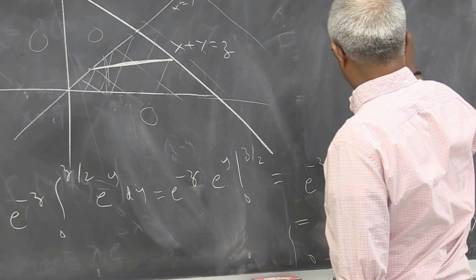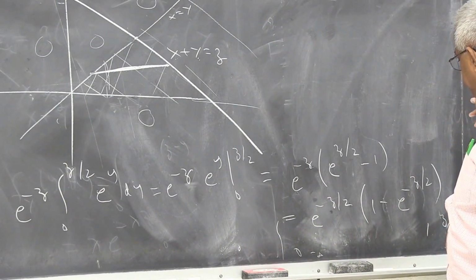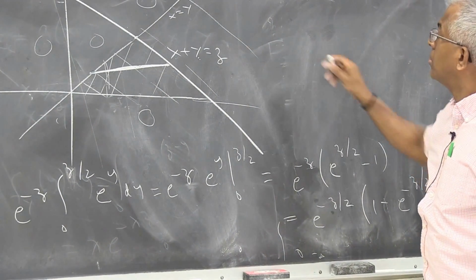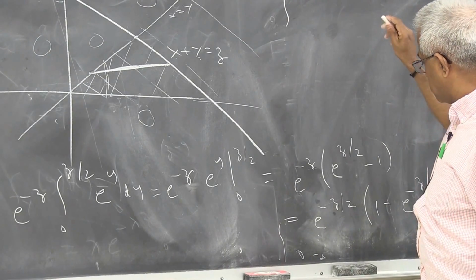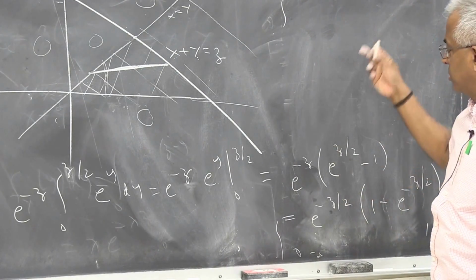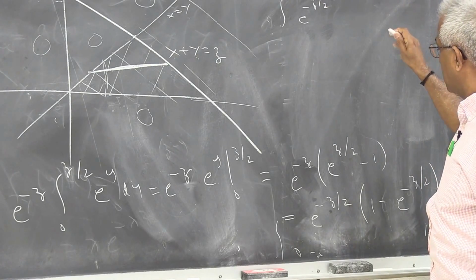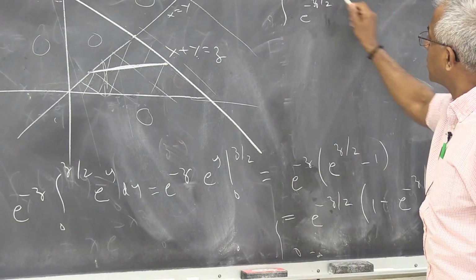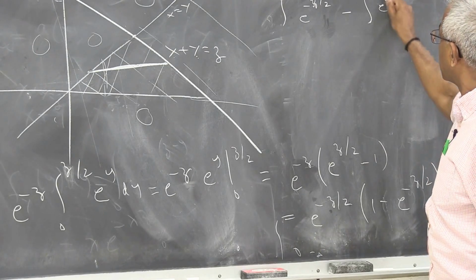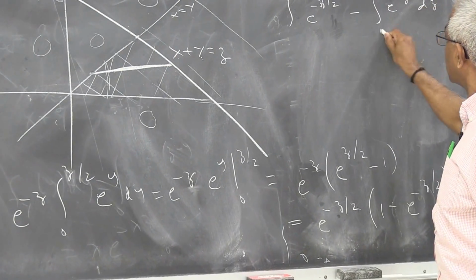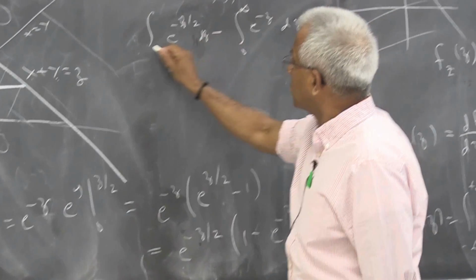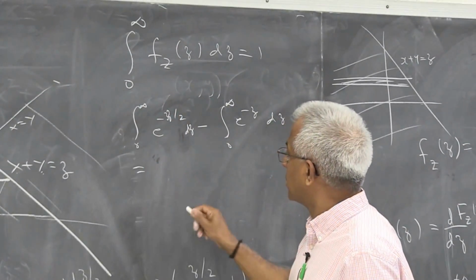So let's substitute. The easiest thing is just do it separately. E raised to minus z by 2. So what is it?